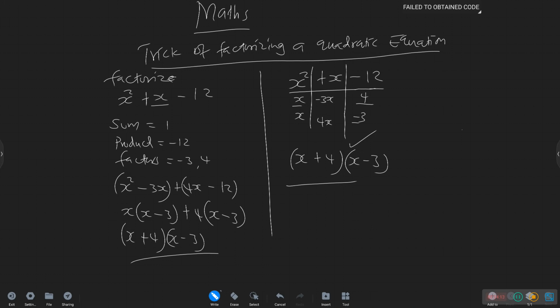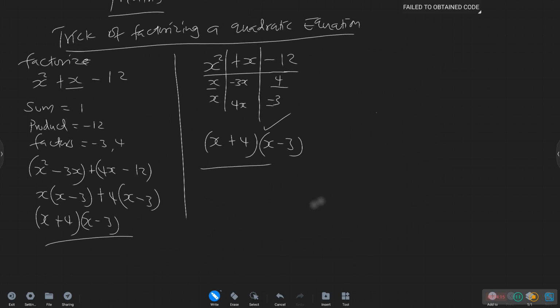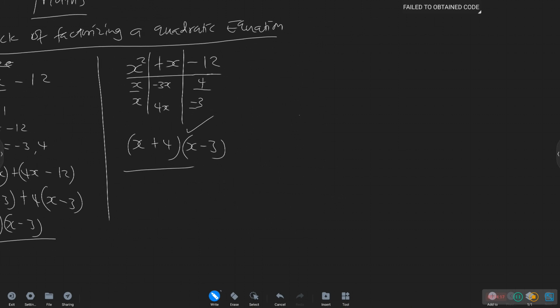Let me do another example, at least for the sake of confirmation. Like 3x squared plus 17x plus 10. With this one, the normal way is that for the sum you pick the coefficient of x, which is 17. The product is the coefficient of x squared times the c, that is 3 times 10, which gives you 30.